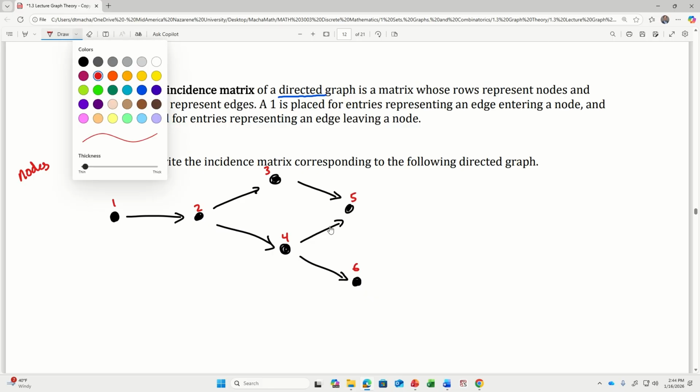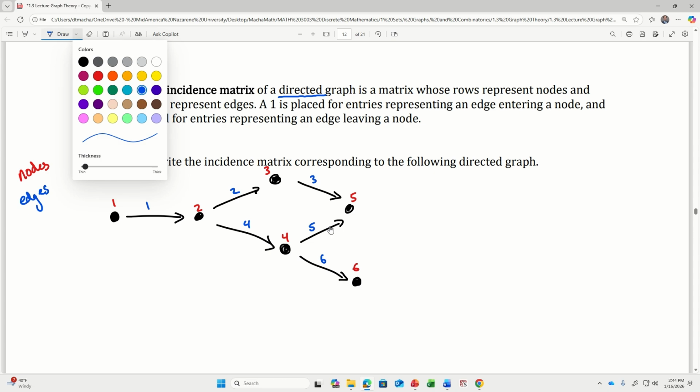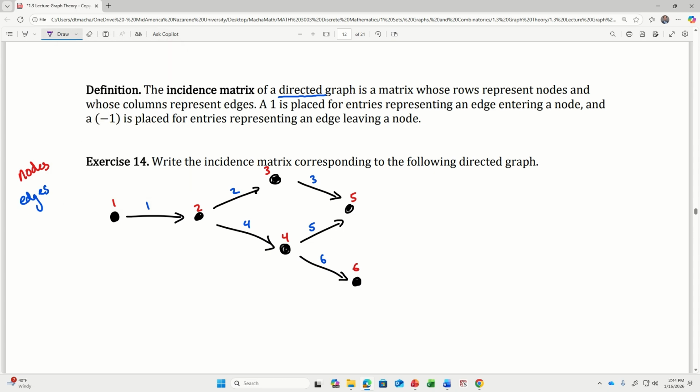And for an incidence matrix, I also have to label my edges. And when I go to write my matrix, the rows are the nodes and the columns are the edges. So I'm going to come up with the row 1, which is going to be node 1 first. And I'm going to place a 1 if the edge is entering and a -1 if the edge is leaving.